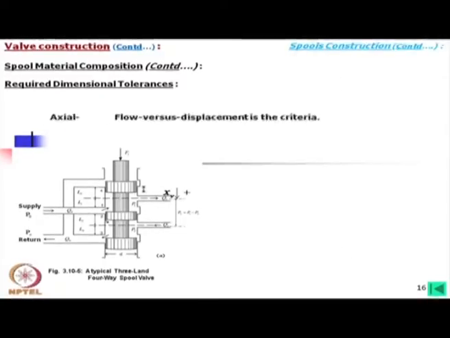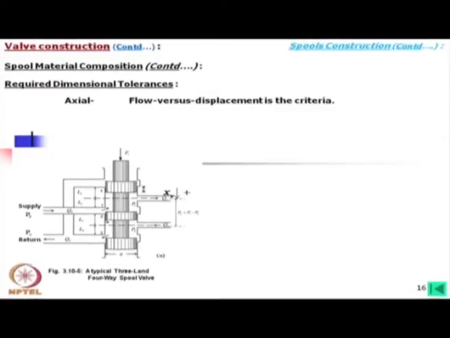Now, what are the required tolerances? First of all, the axial. In case of servo spool valve or relatively accurately manufactured spool for proportional valve, the position of this port on the sleeve and position of these lands on the spool is very important, which will control the axial flow.